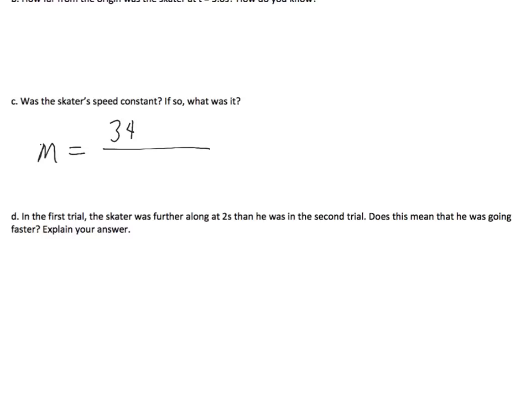It was at 34 meters when we were at 10 seconds, so that's an XY pair. Choosing an earlier one at 2 seconds, we were at 10 meters, so we had 24 over 8 or 3, and it's always important to think about what these numbers mean. That's 3 meters per second. So we're now comparing the two different trials.